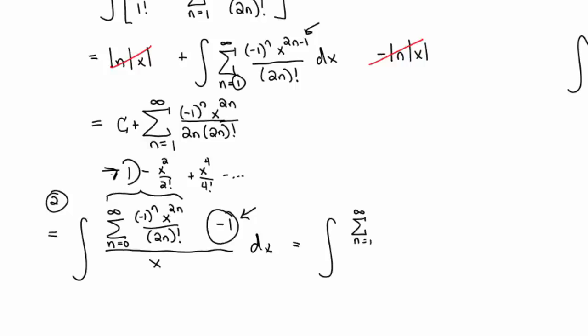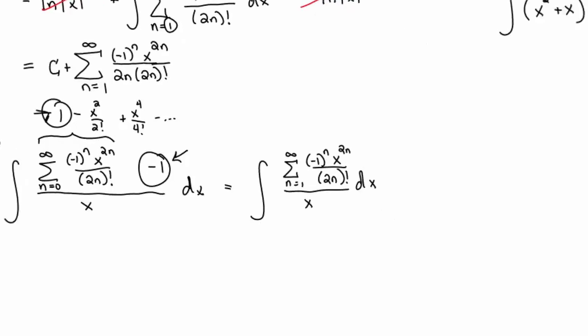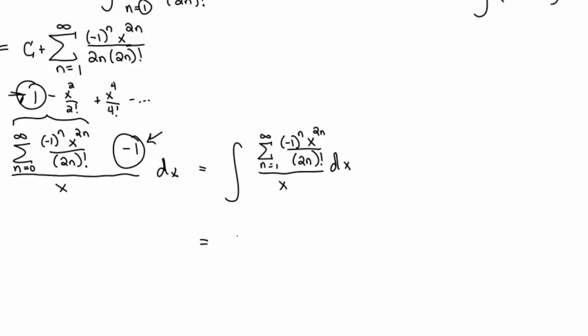So these two terms are going to cancel out, and it's just as if I had run my series starting at 1 of (-1)^n x^(2n) over 2n factorial divided by x dx. And then you can see at this point, this integral is going to be the same as the integral we saw a moment ago, but without the consideration.